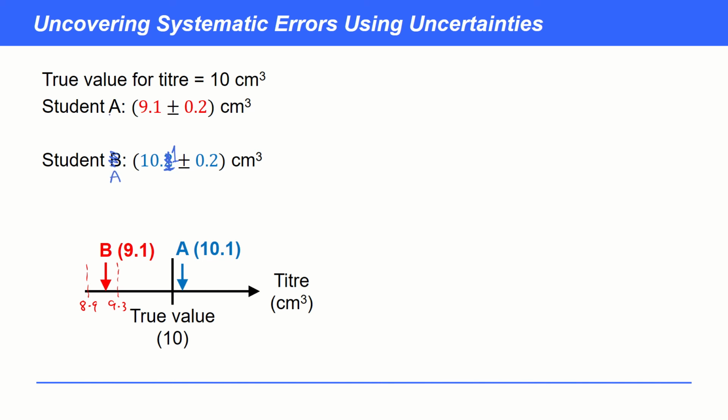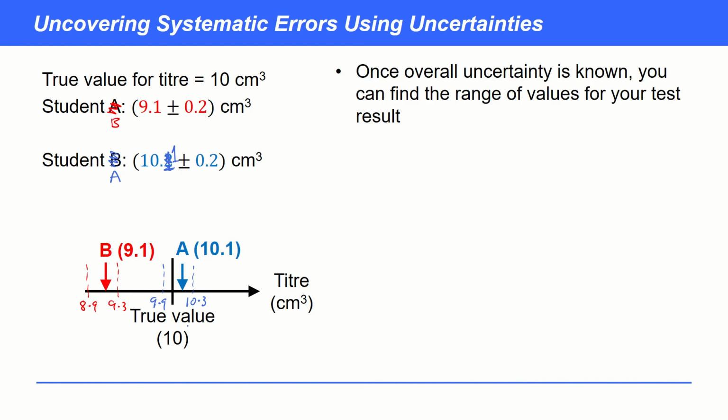This should be student B, and this one here is student A. Apologies. Student A is actually 10.1. With the same uncertainty, they're saying that's somewhere between 9.9 and 10.3 centimetres cubed. And they're saying, I think based on the equipment that I have used, the true value is somewhere between these ranges. But in this case, we happen to know the true value is 10.